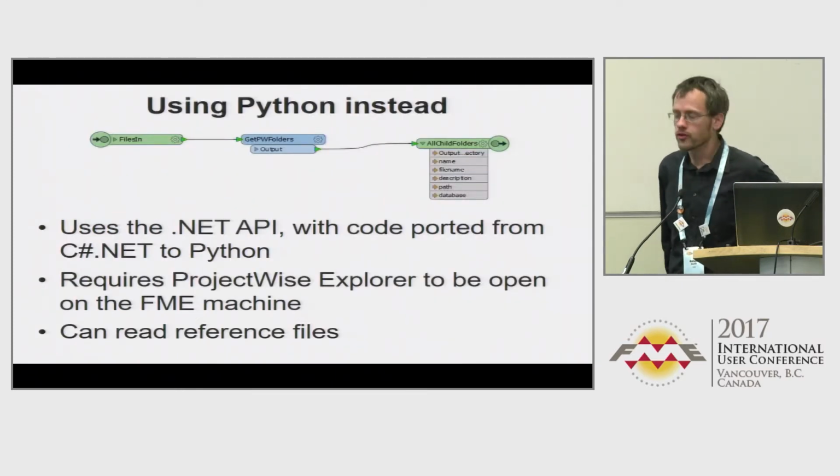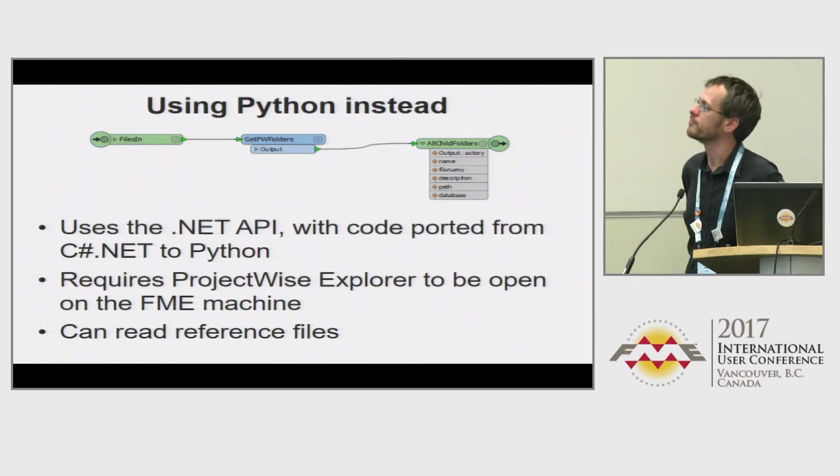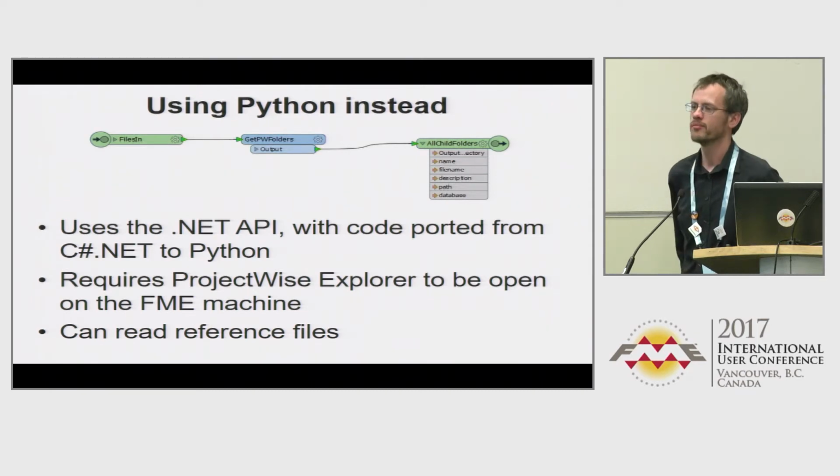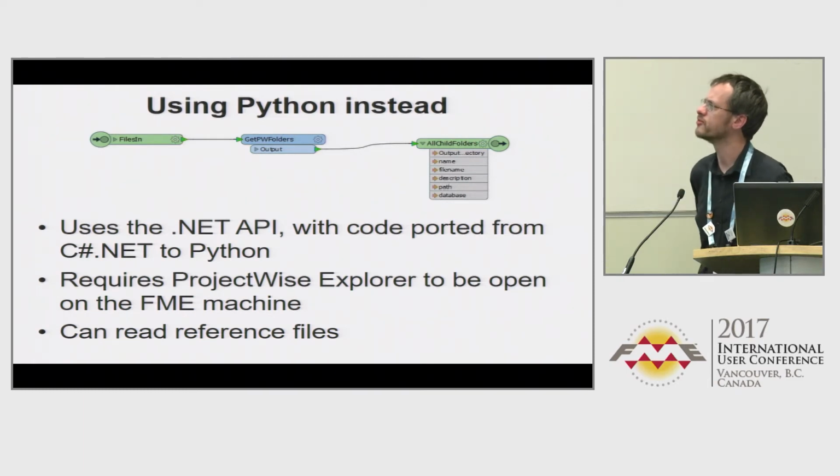And so there is, of course, the option of using Python instead if none of this really makes you happy. And this time I'm referring to it as Python. Last time I referred to it as .NET, and that's because one of our colleagues in Australia is clever enough to have rewritten the ProjectWise libraries for various different languages. And so his latest is to have done it in Python. And I haven't really seen this in action particularly.